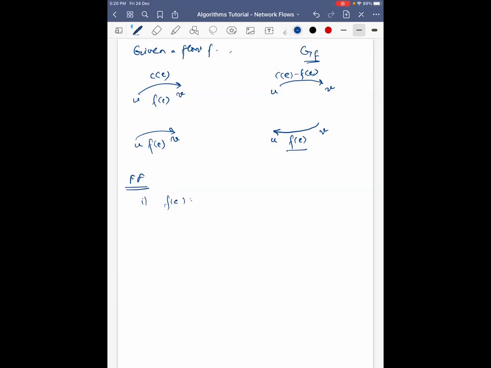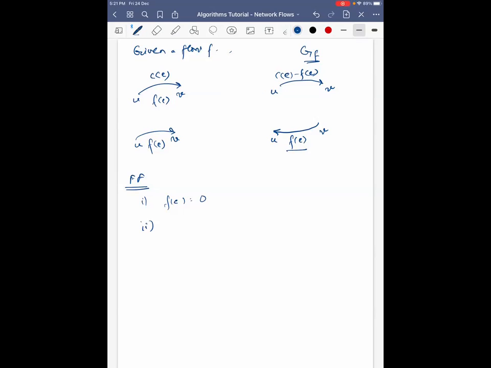So in the first step you find the ST path in G. That's the same as assigning a flow value of 0 on every edge and then constructing the residual network out of it. To present it as a whole, we can start by assigning a flow value of 0 on every edge.